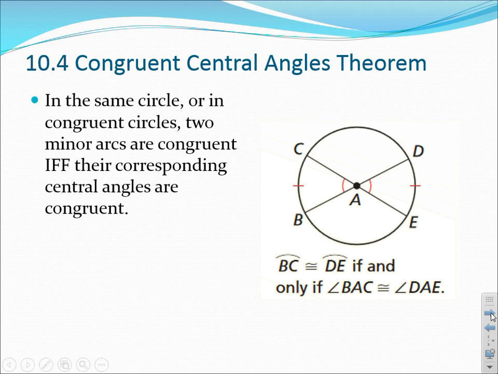You can see in the picture that angle CAB is marked congruent to angle DAE. If I trace those, I just formed arc CB, and then if I trace this one, I formed arc DE. Since those central angles are marked congruent, I know that their corresponding arcs BC and ED are congruent as well.